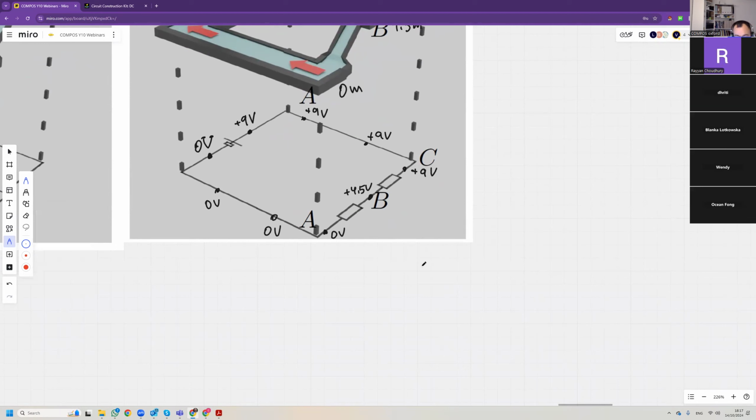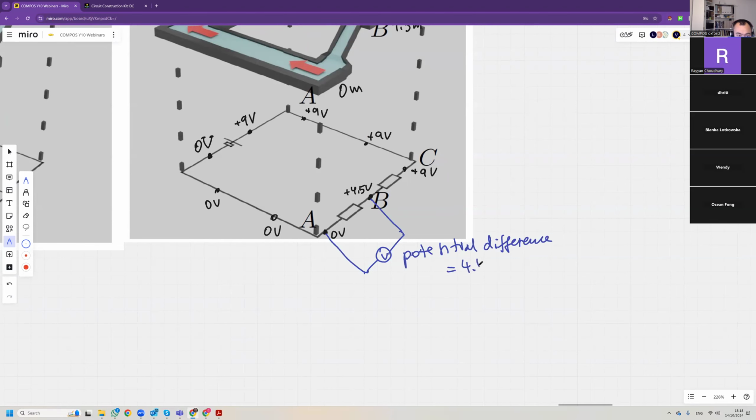So when you connect a voltmeter, what you are measuring is the potential difference, the difference in potential. So for example, here, what would the voltmeter register? Potential difference. Yes, 4.5 volts.